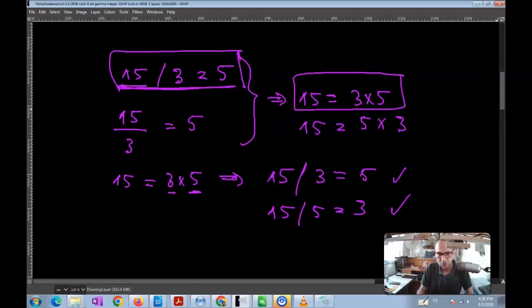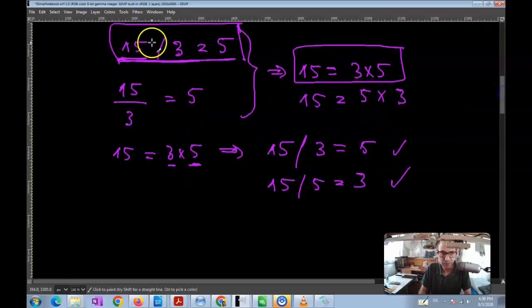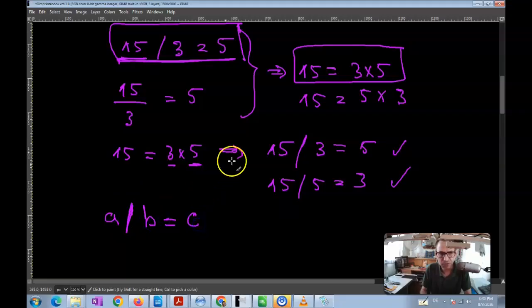So in general, we can say that when you have some number a, which could be any real number, and if you divide that by some number b, and that gives you some number c, then from this we can conclude that a is nothing but b times c.